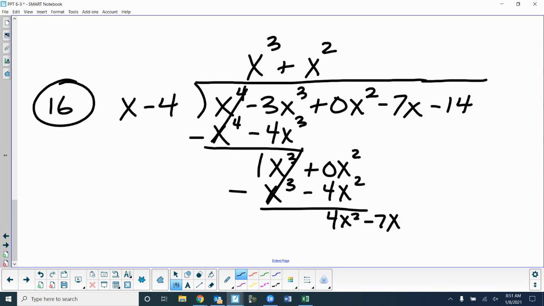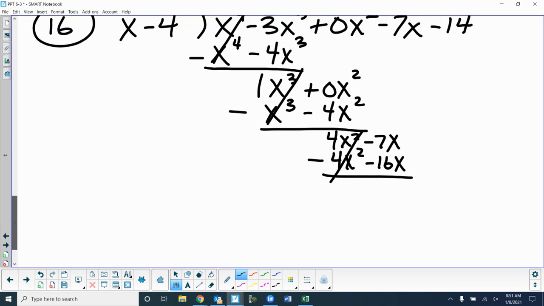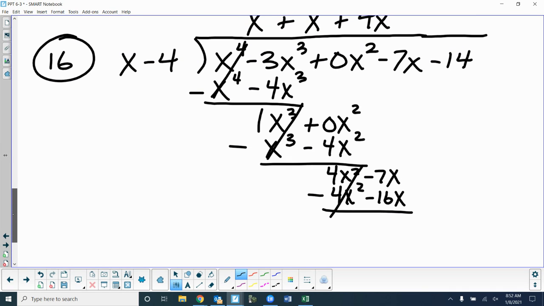4x squared divided by x is 4x. Multiply 4x times x and 4x times negative 4. Minus a negative again. So what's negative 7 plus 16? And bring down the minus 14. What's 9x divided by x? 9. So 9 times x, 9x. 9 times negative 4 is negative 36.